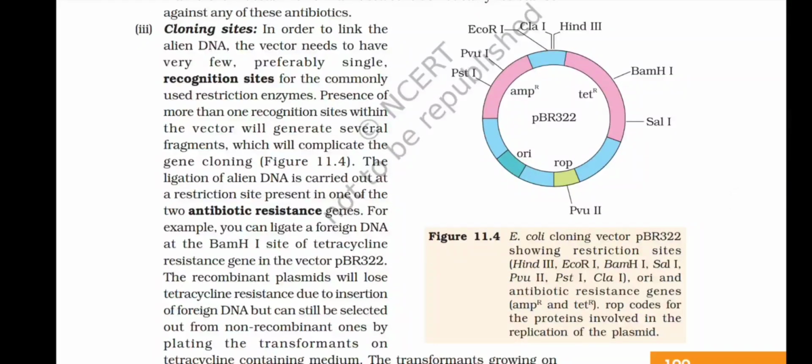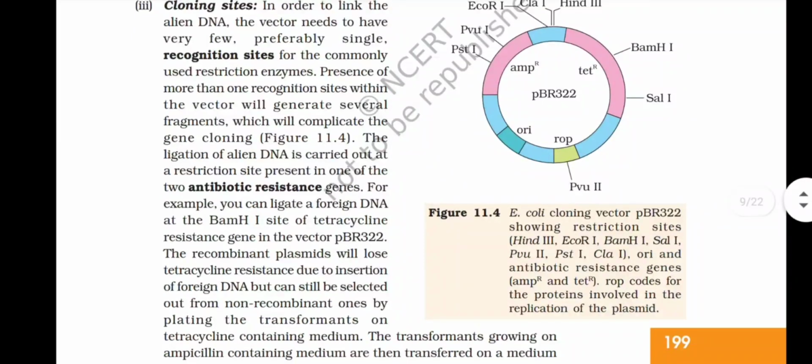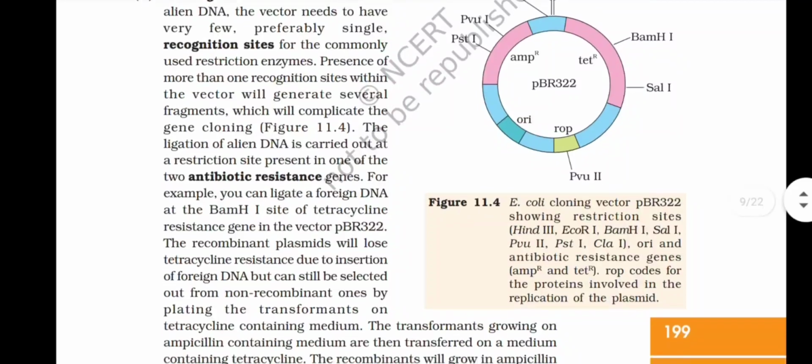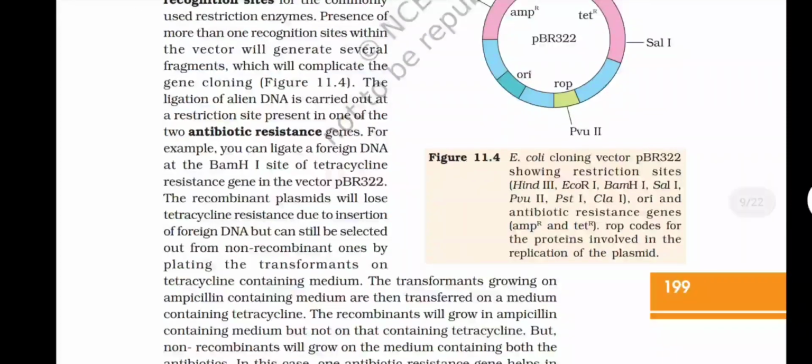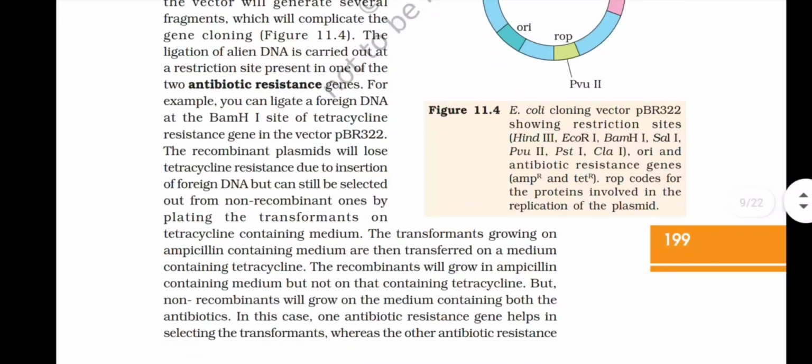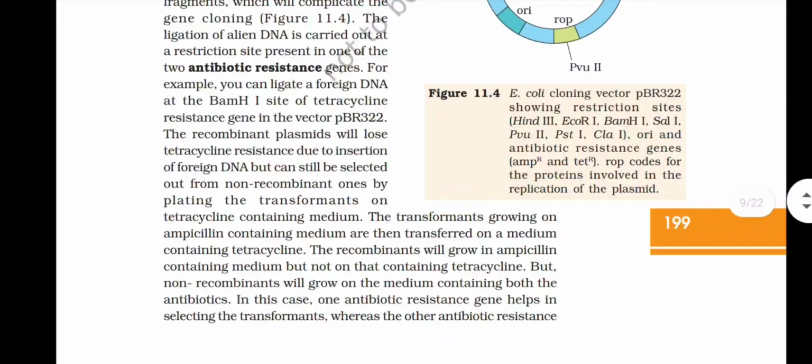In order to link the alien DNA, the vector needs to have very few, and preferably single, recognition sites for commonly used restriction enzymes. Presence of more than one recognition site within the vector will generate several fragments, which will complicate gene cloning. The ligation of alien DNA is carried out at a restriction site present in one of the two antibiotic resistance genes.